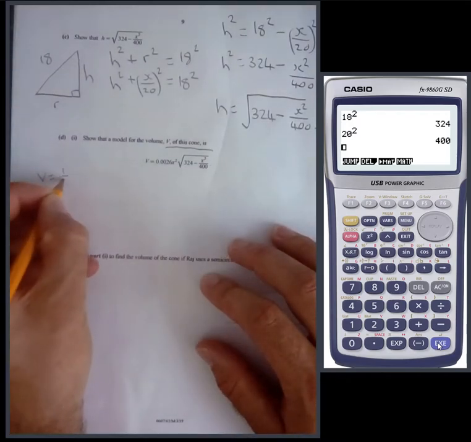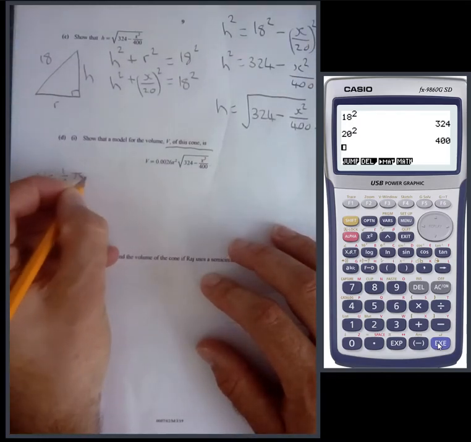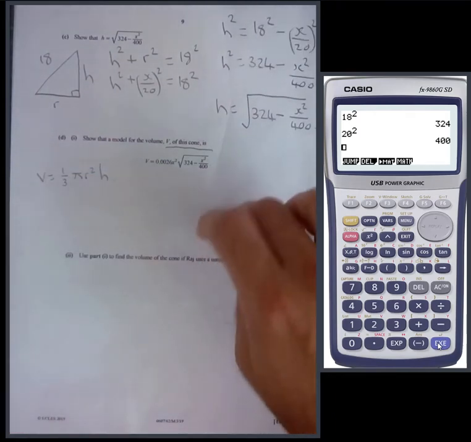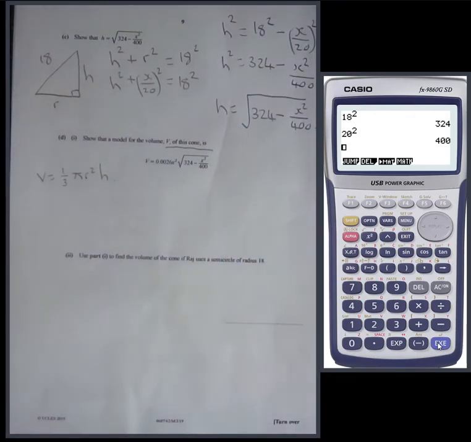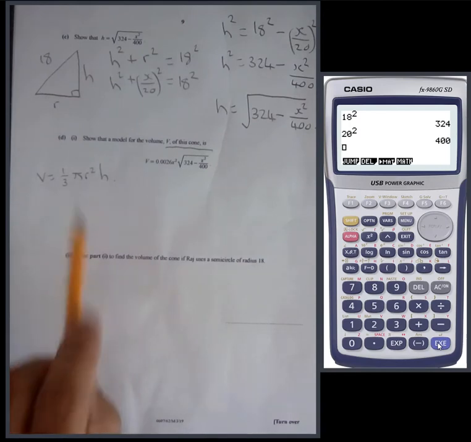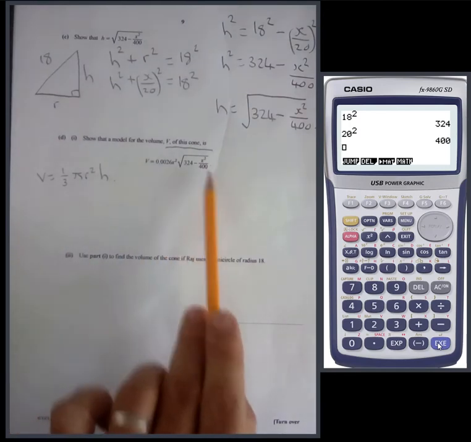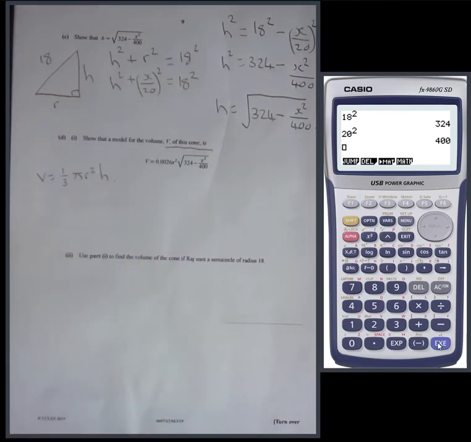V equals 1/3 pi r squared h, right? So now we actually have an expression. Look at this again, there's only x's in this. So we have r in terms of x, and we have h in terms of x. So hopefully that should get us to this expression here.